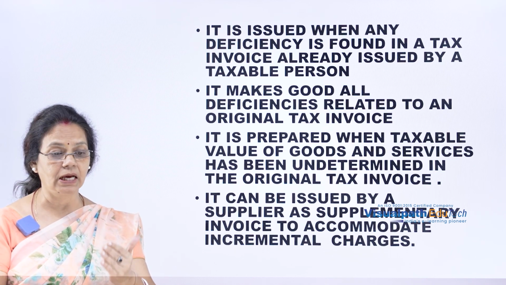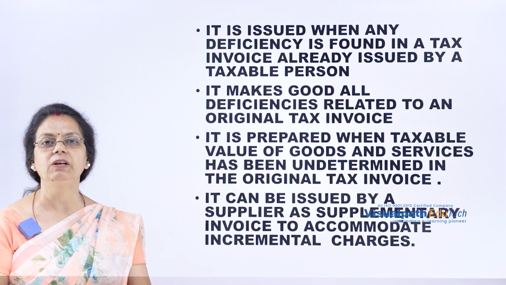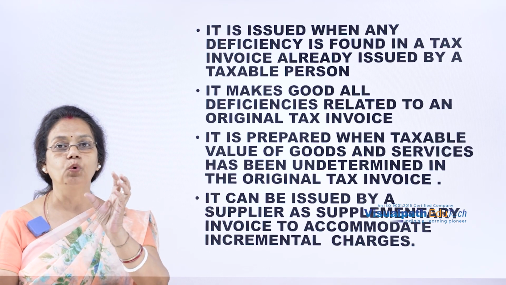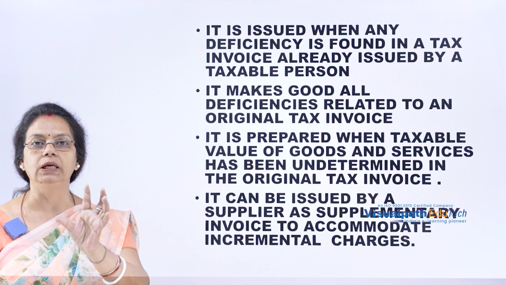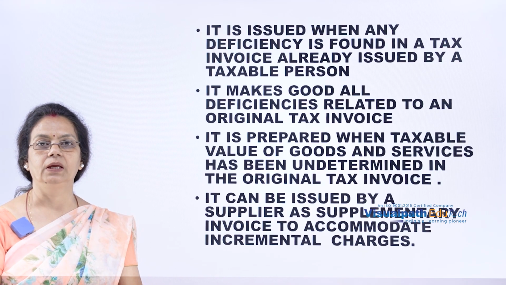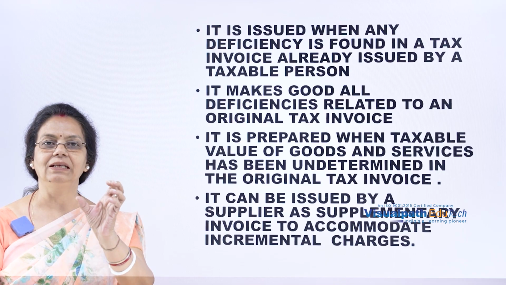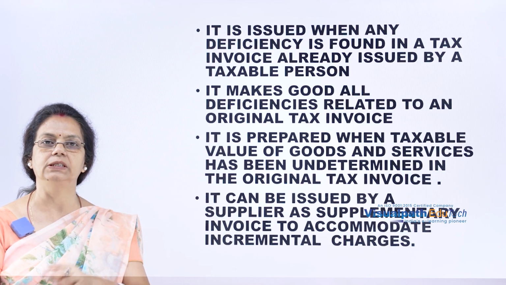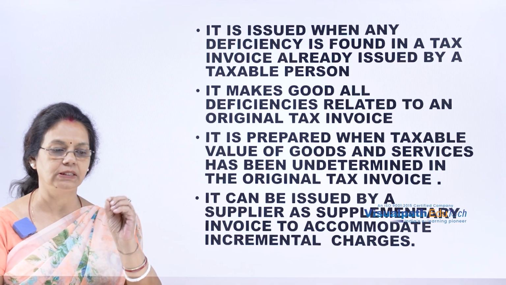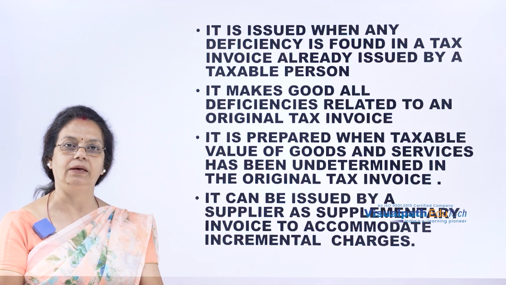But at the time of checking and rechecking, it has been found, this is an example, that the total tax amount is not correct. There is a deficiency. Say, for example, the total tax amount is 1,20,000, but at the time of writing the invoice, the tax we have written is 1 lakh.